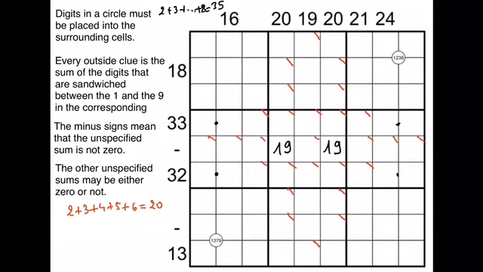Let's have a look at this 24 clue. 24 can include 5 digits, and it cannot include less than 4 digits, because the maximum you make out of 3 digits is 21. So we know that the 24 sum is somewhere, it can even have 6 digits actually. It can be 6 digits.